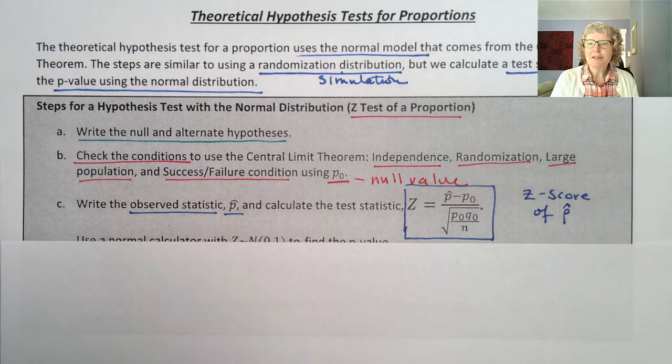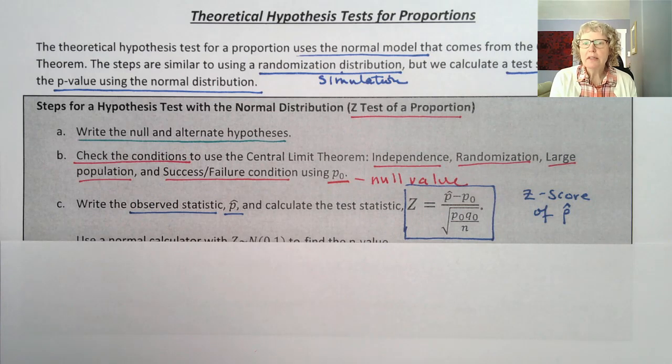Okay, so if you remember about z-scores, and we'll review as we go, one standard deviation away, or in this case, one standard error away, is considered average. When you get out to 2, that's getting more unusual, and 3 is rare.